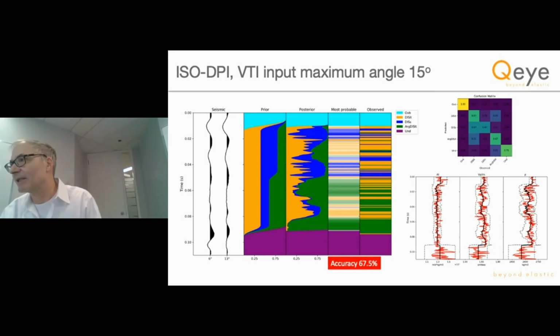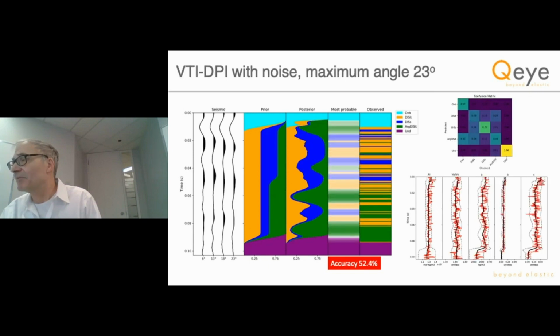And so it improves the fit at the smaller angle. And by comparison, if you were to have a reduced angle with noise and the VTI DPI case on the VTI input, then you'd get similar accuracy to the isotropic case with the noise-free isotropic DPI with a similar angle restriction.